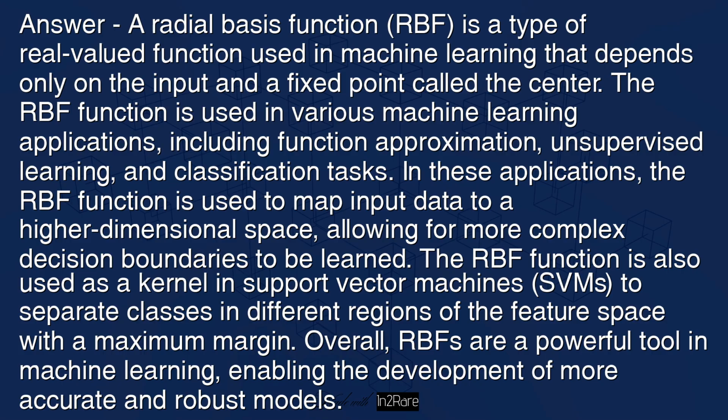In these applications, the RBF function is used to map input data to a high-dimensional space, allowing for more complex decision boundaries to be learned. The RBF function is also used as a kernel in support vector machines (SVM) to separate classes in different regions of the feature space with the maximum margin. Overall, RBFs are a powerful tool in machine learning, enabling the development of more accurate and robust models.